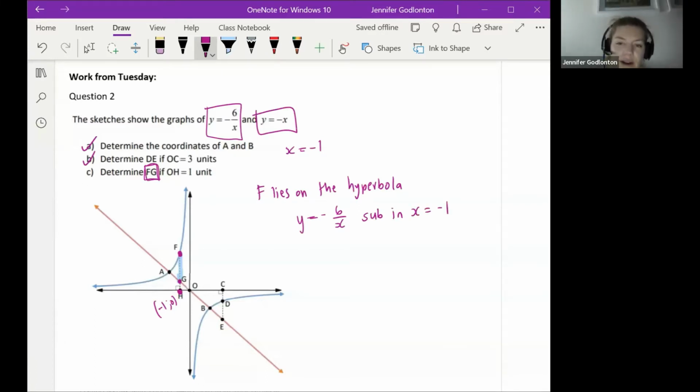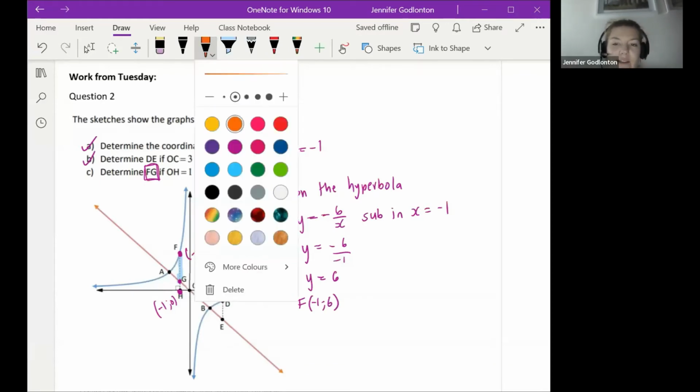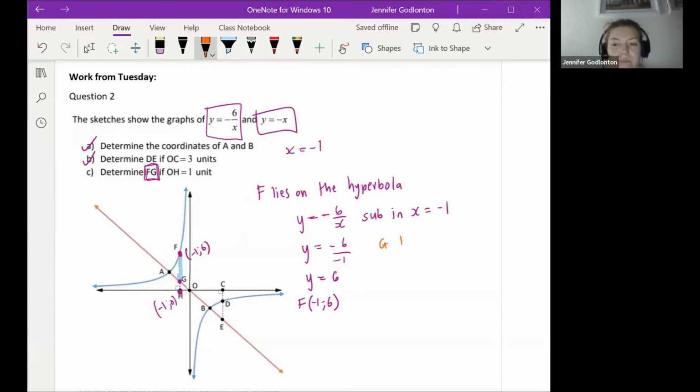So what would our y value be if x was -1? y is equal to -6 over -1, which means y would be equal to 6. So that means that the coordinates of F are going to be -1 and 6. Then we have a look at G, and G lies on the straight line.